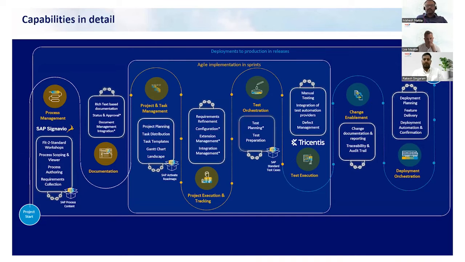The communication flow can happen. For example, if you want to integrate your testing, say Tricentis is one of the test automation tools. If you want to send the script to Tricentis, execute there and record the result back in Cloud ALM, record the bugs in the Cloud ALM, you can do that. So those are available.